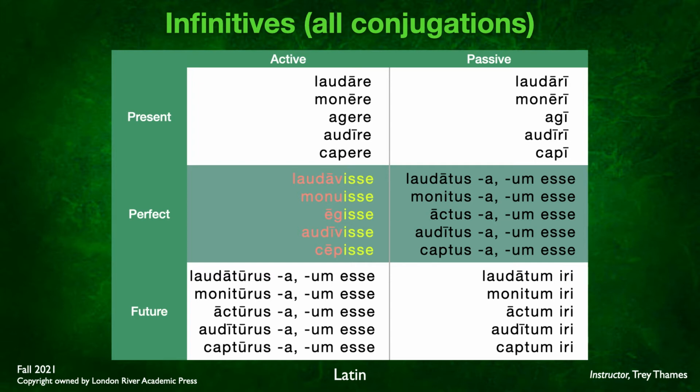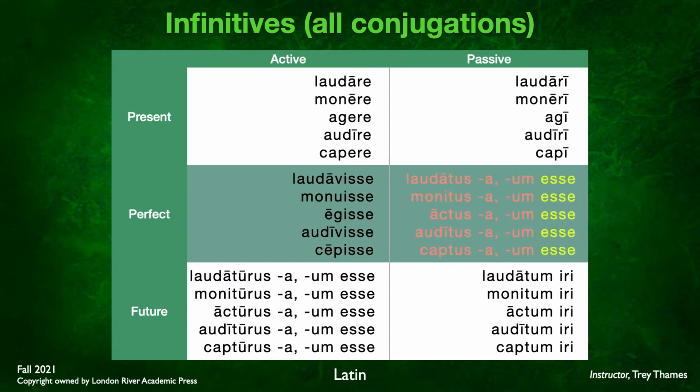For the perfect passive infinitives, you take the fourth principal part, or also the same form as the perfect passive participle, and you simply add an esse. This is not a suffix. This is a separate word. So if you recognize esse, that's simply the second principal part of the irregular verb sum, esse, fuī, futūrum.